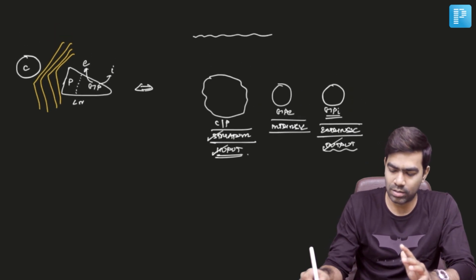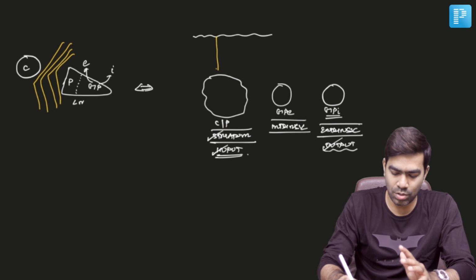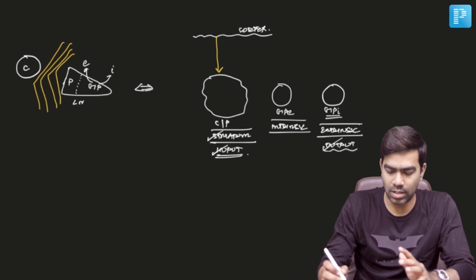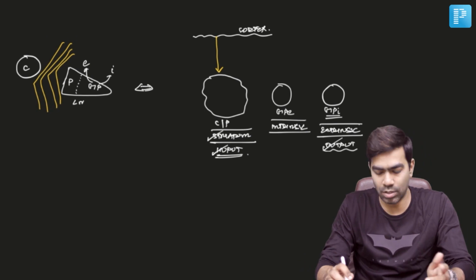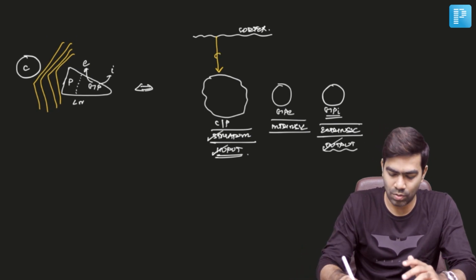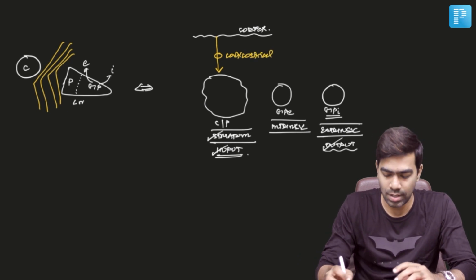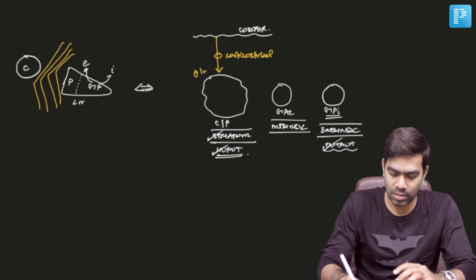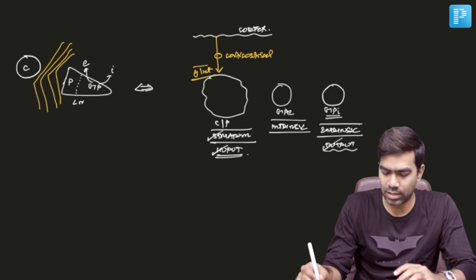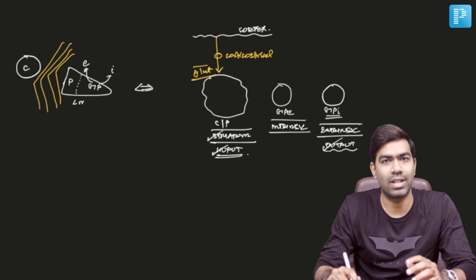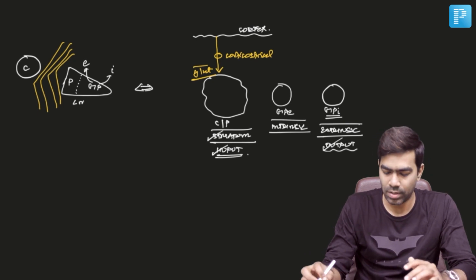So you have cortex. Cortex is going to give input to the basal ganglia, and the input has to happen into the striatum first, as we all know. That's why these fibers are rightly called as corticostriatal fibers or corticostriatal neurons. And the major neurotransmitter that they're going to release is going to be glutamate, which is an excitatory neurotransmitter.